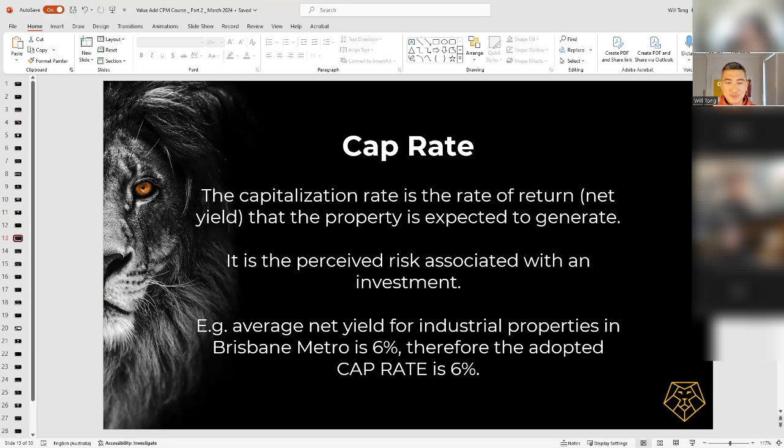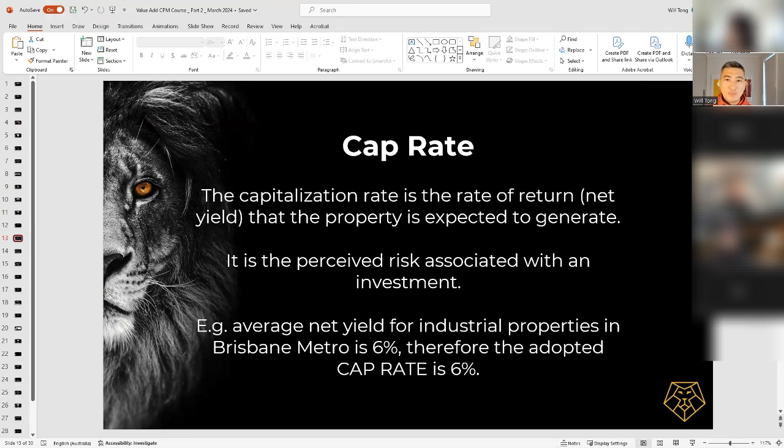So as an example, let's say the average net yield for industrial properties in Brisbane Metro is 6%. Then we can probably adopt that the cap rate for industrial properties in Brisbane Metro is 6%.